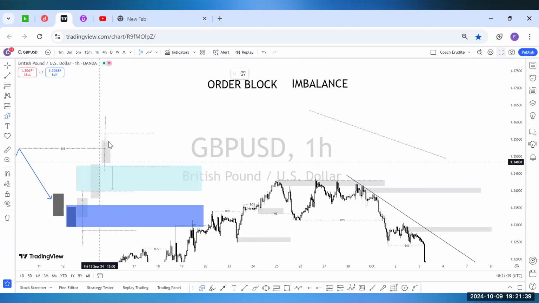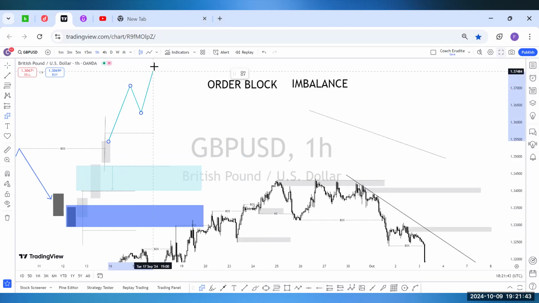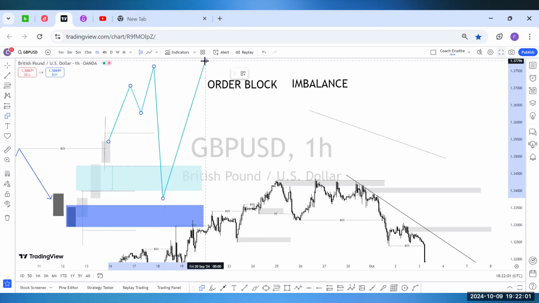As price is going up, price will need to retrace back to fill this imbalance, to make the market that is not balanced become balanced before it will continue its journey in the direction of the market.